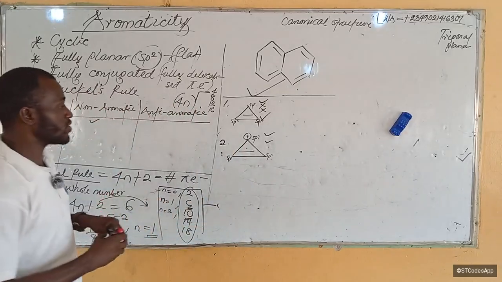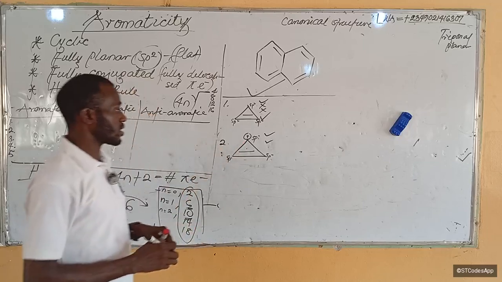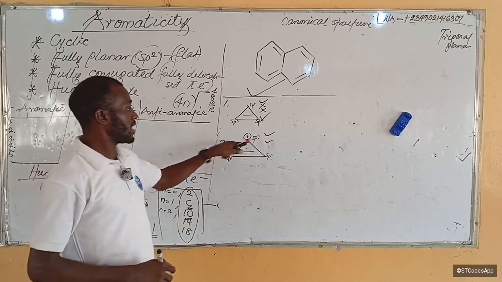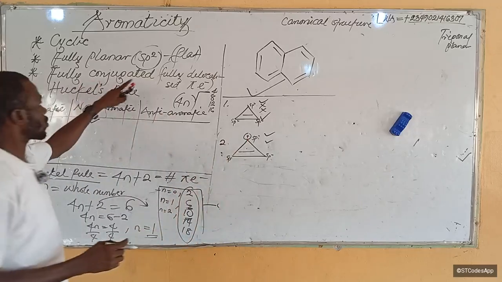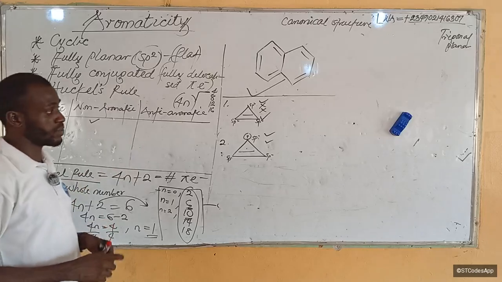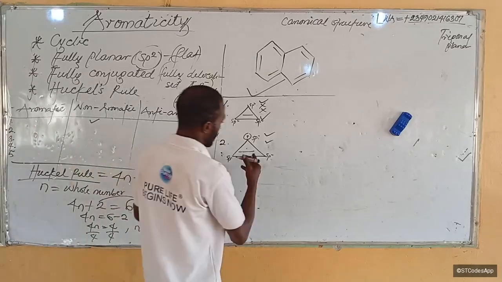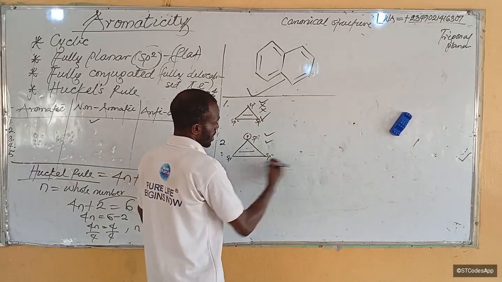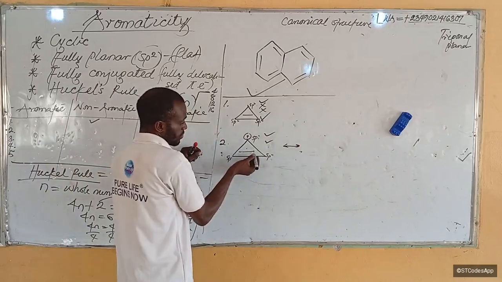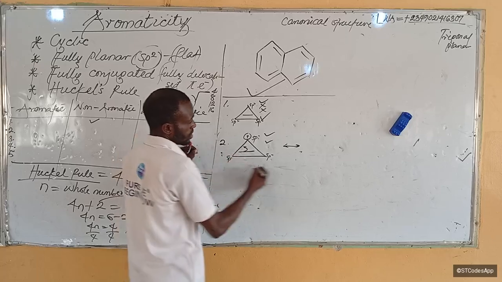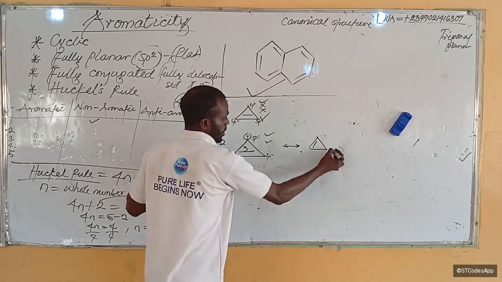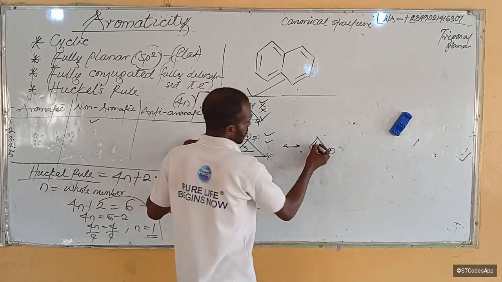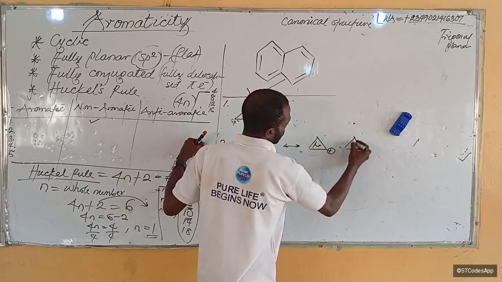Now, if the double bond comes here, with full conjugation, we are dealing with the resonance hybrid that we can have. If the double bond attacks here, then we have a molecule that will look something like this. Then this guy will come here, right? By the time this one attacks this point, then we have this also.